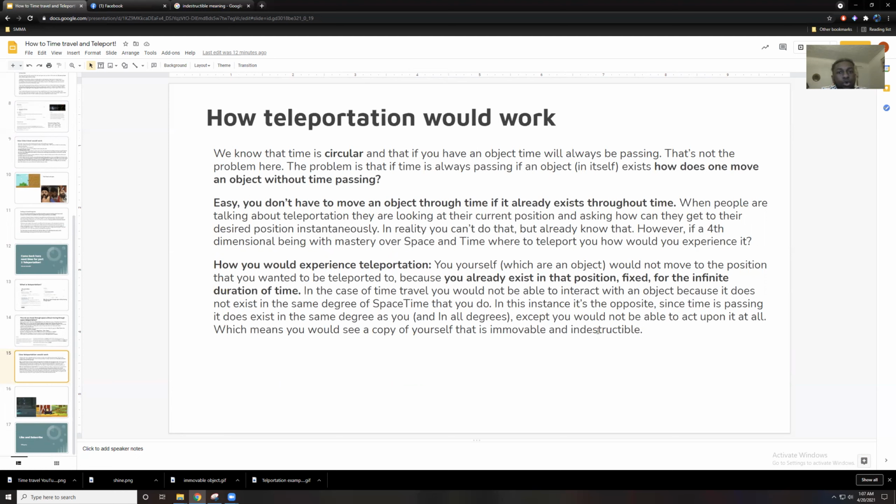Which means even though the earth itself is moving constantly throughout space and shifting its position, it itself would not move. So if the earth is here when you're born, and now you're 35 years old, the earth has moved out of the position that it was, and now it's over here.